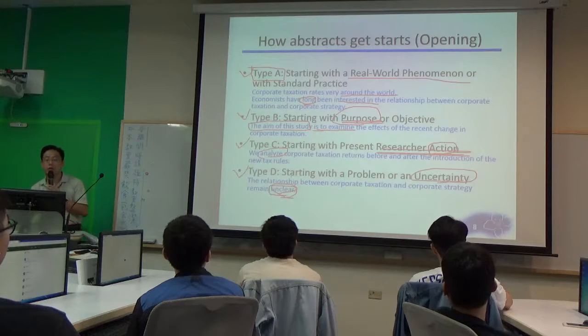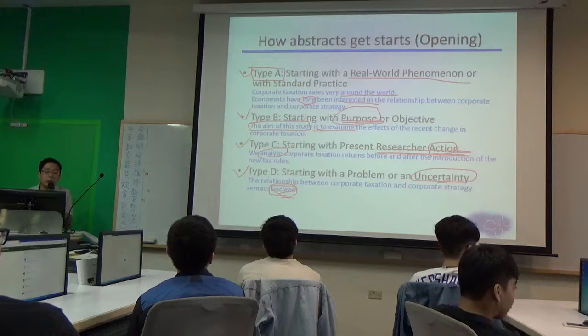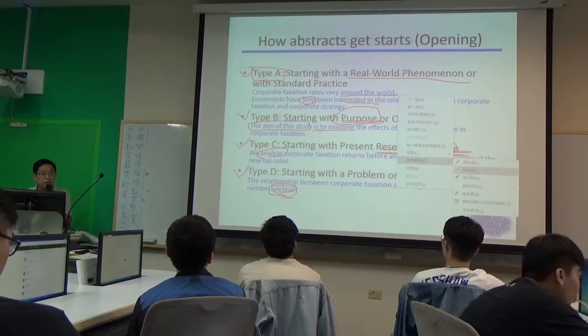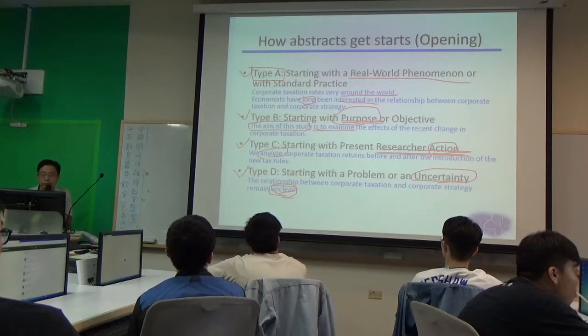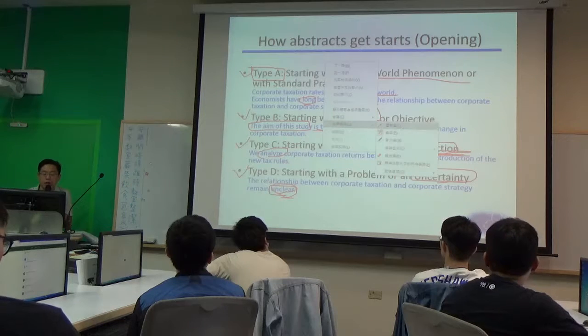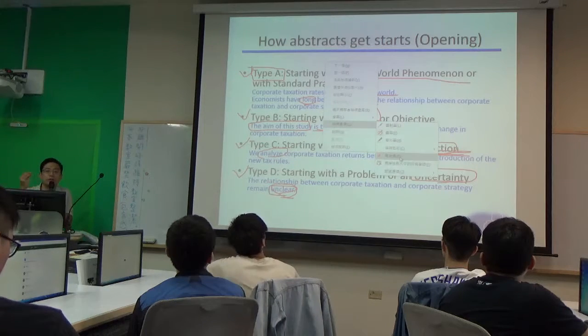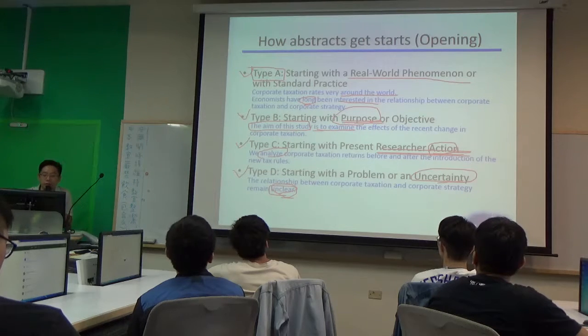They usually start with type B. I think type B is the most popular in our field. Do you agree with that? Yeah, type B is more popular, but because this is for the overall research abstract, maybe in some other research fields they have type A, C, D. Okay, so for us, I think B is the most popular.